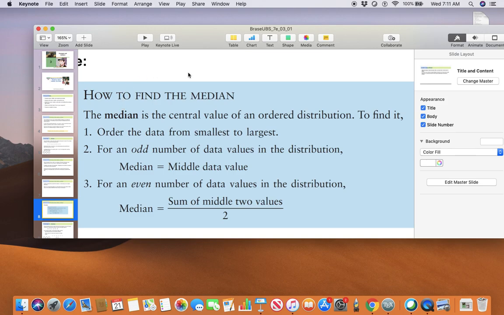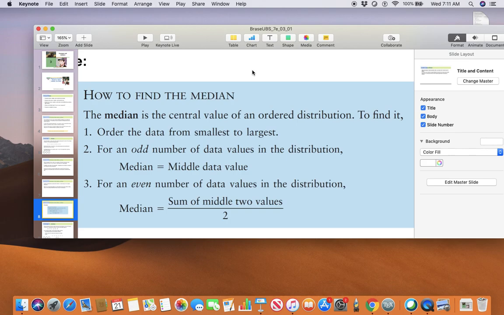If you have an odd number of data values, say you have 11 numbers, then the median is the precise middle data value. So there is a precise middle one. If you have 11 numbers, then 5 are on one side, 5 are on the other side, and there is one guy in the middle.